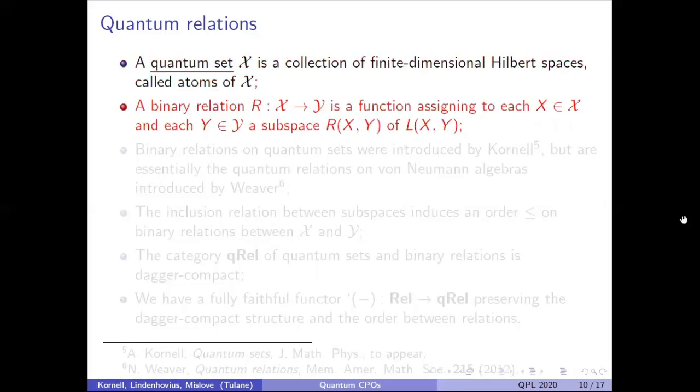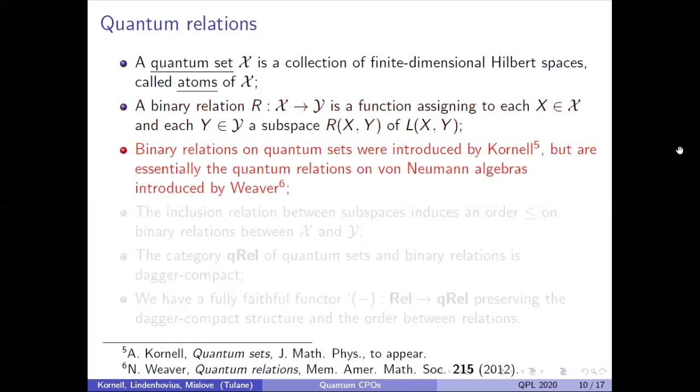And just like we can define relations between ordinary sets, we can also define relations between quantum sets. And that's basically a function that to each atom of X and to each atom of Y assigns a subspace of the operators between them.